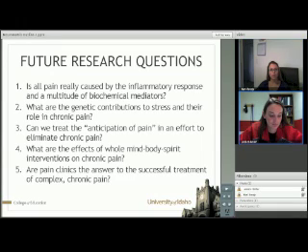So one question we had is, is pain really caused by the inflammatory response and a multitude of these biochemical mediators? Another possible question: what are the genetic contributions to stress and their role in chronic pain? We know that genetics and experience and history play a big role in how we feel about pain and how we handle stress.